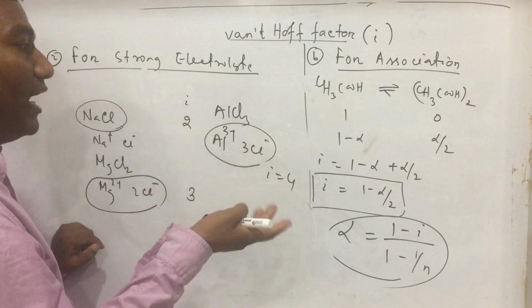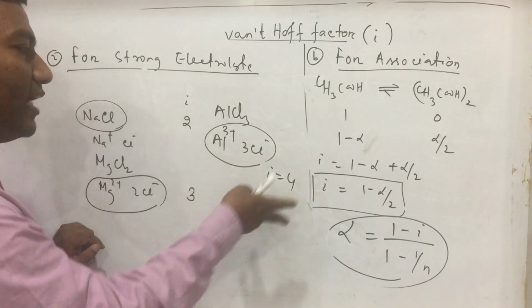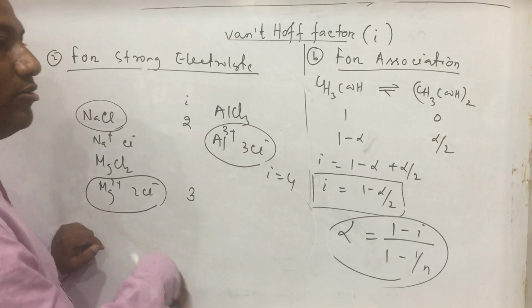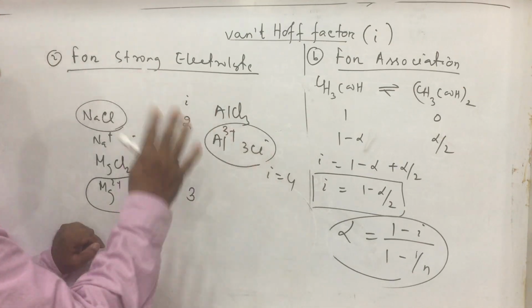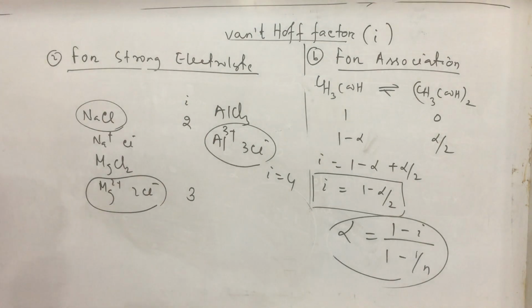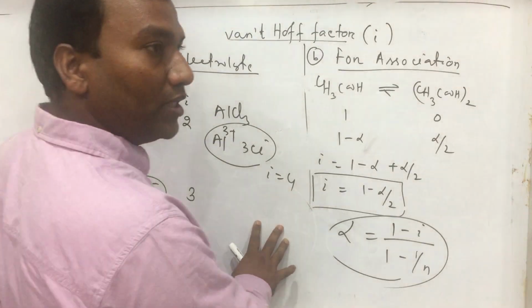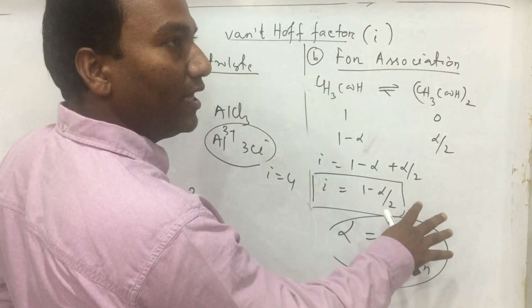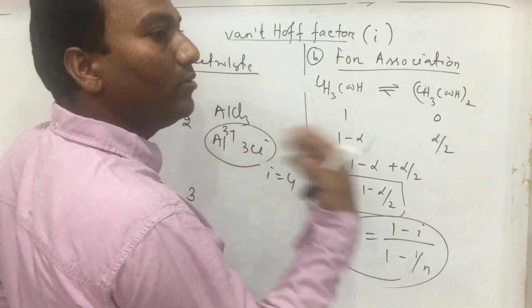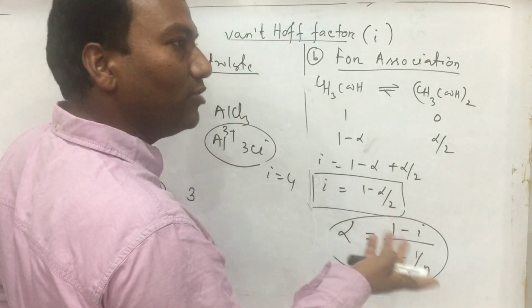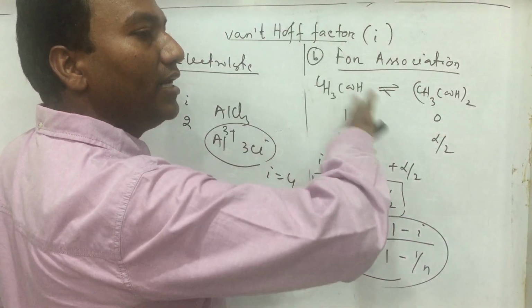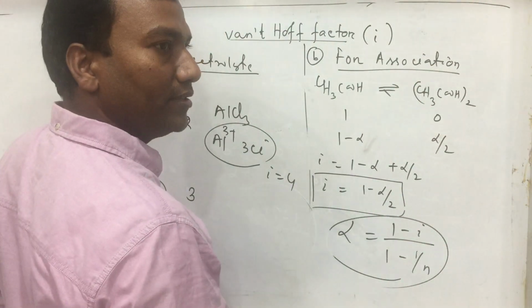So whatever i is given in the question, use that, but when i is not given, always use this format. That's why in the 4 colligative properties, you always use the formula into i. When it is a non-electrolyte, i equals 1, and the formula automatically reduces to the first format.